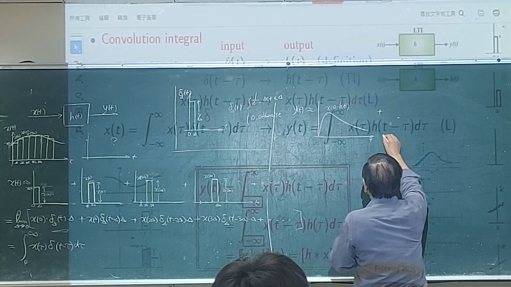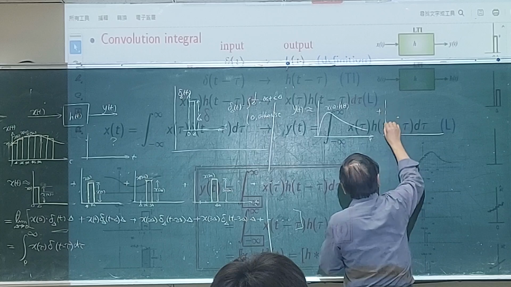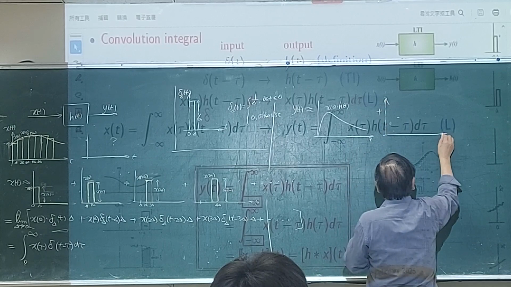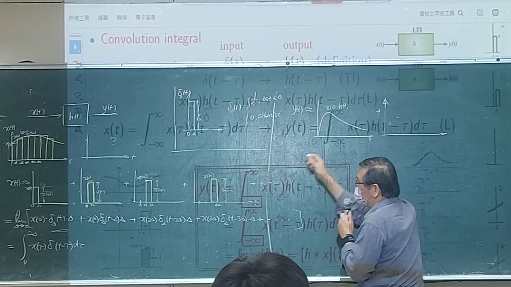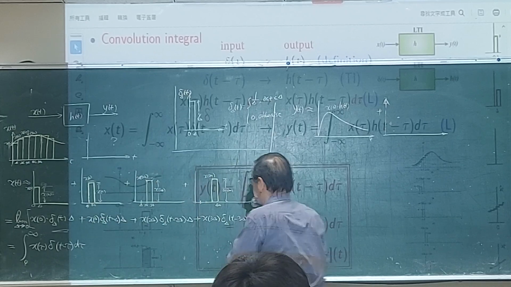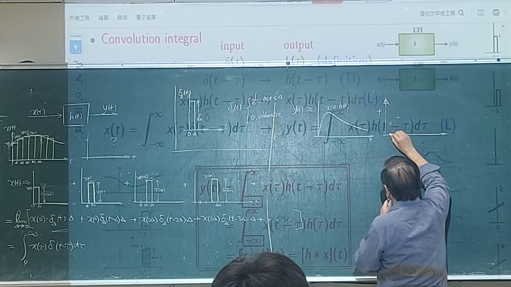Then what about the second one? The second one has a delay. Be careful, there's a delay, so I have to delay that as well.